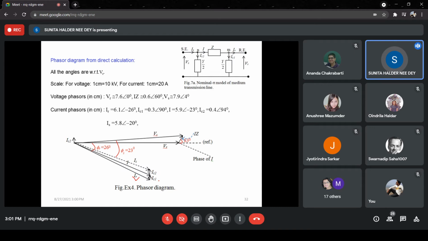From IR, we shall add IC1, then IC2, then we can get finally Is. And with VR, we shall directly add IZ, then we can get Vs. So the components from the ABCD parameters and from the direct solution are not the same. You must practice drawing the phasor diagram.